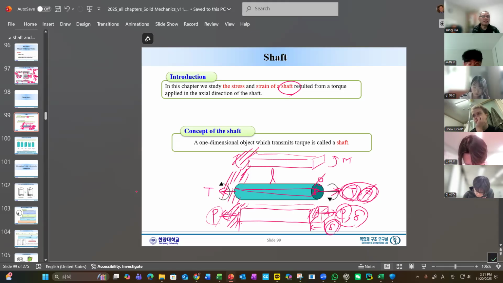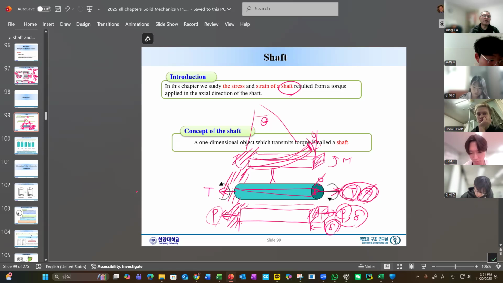When we apply the moment, this will deform this much, and this is the angle of rotation, theta. The cross section remains vertical, but now it rotates, and the rotation is the same as at the center of this curvature. This is theta, and this is theta. So moment and theta: the moment direction and the angle direction are the same.